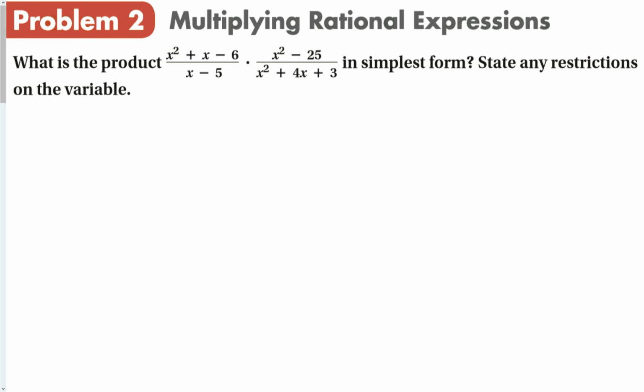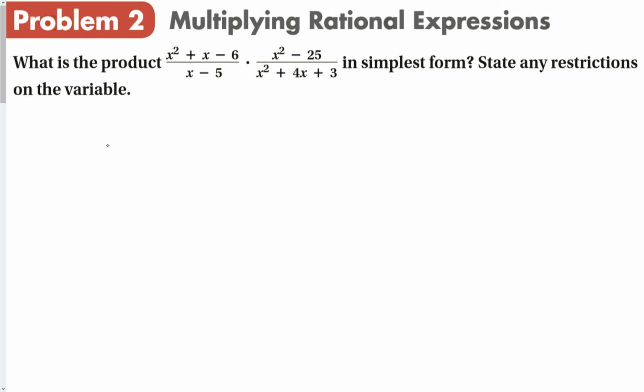Kind of like this. So before we start canceling this, I'm going to have to factor it. And of course, remember to state the restrictions after we're done. So let's factor everything and get a nice big expression with all common factors.